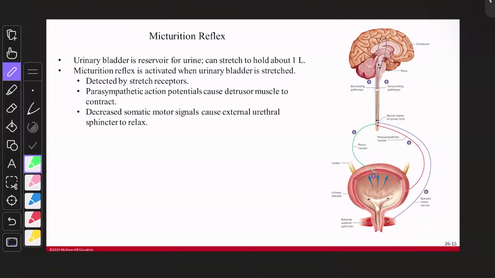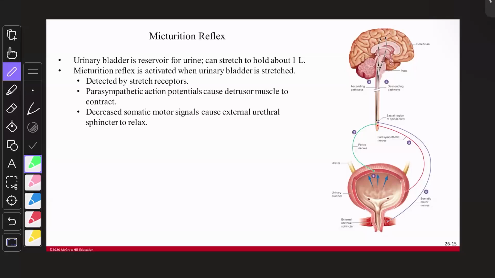So as I said, the urinary bladder is just a reservoir. It's just a holding space. It can stretch to hold up to about 1 liter of fluid. The micturition reflex gets activated when the urinary bladder stretches as it starts to fill. The stretch receptors in the walls detect that stretch and send a signal to the brain.